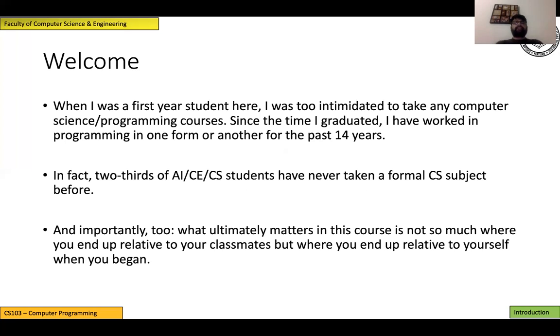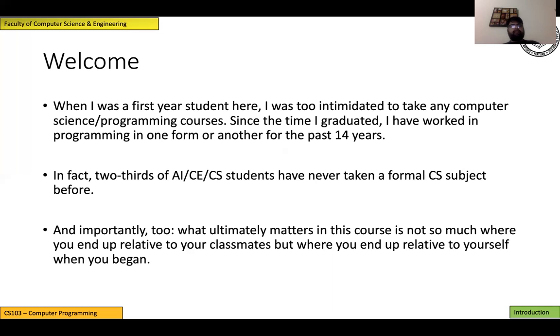And I think this needs to start off with some introduction about myself. I am a graduate of GIK Institute itself, and I graduated from GIK back in 2006.